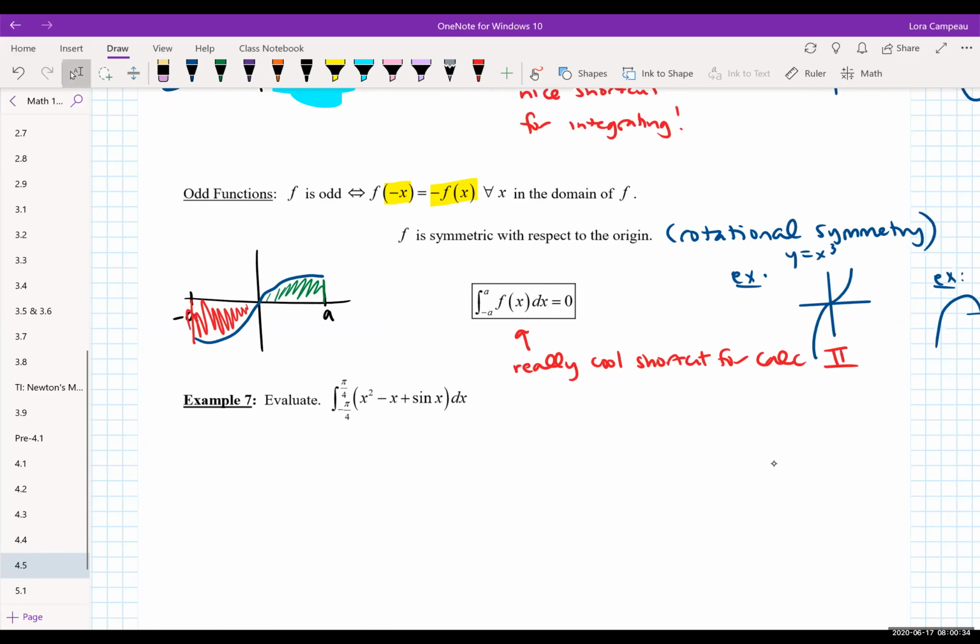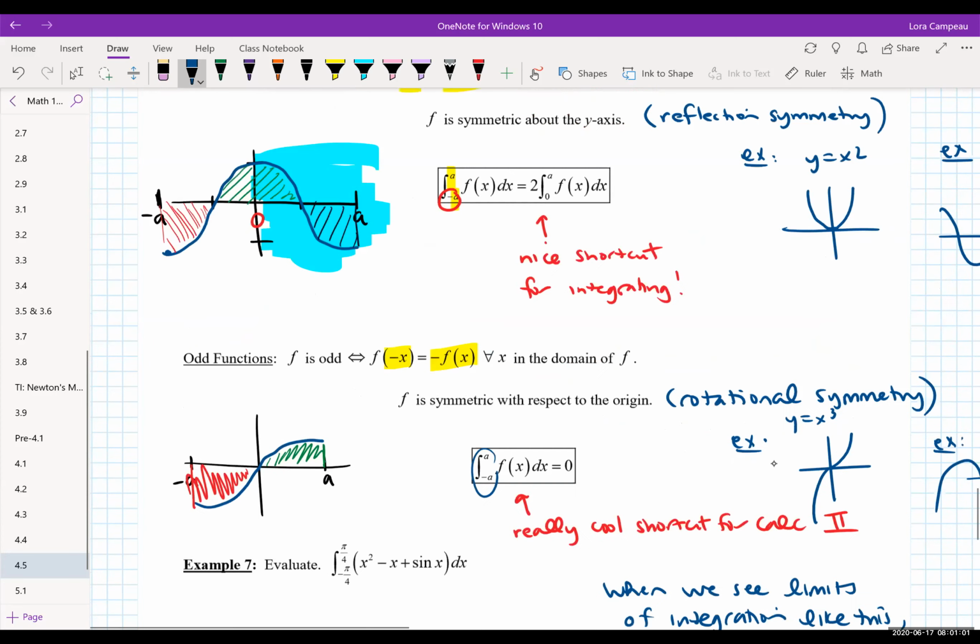What I do is, when I see limits of integration like this, I'll give you a nice example. You can look at the symmetry of each individual term and then just dump off the odd functions.